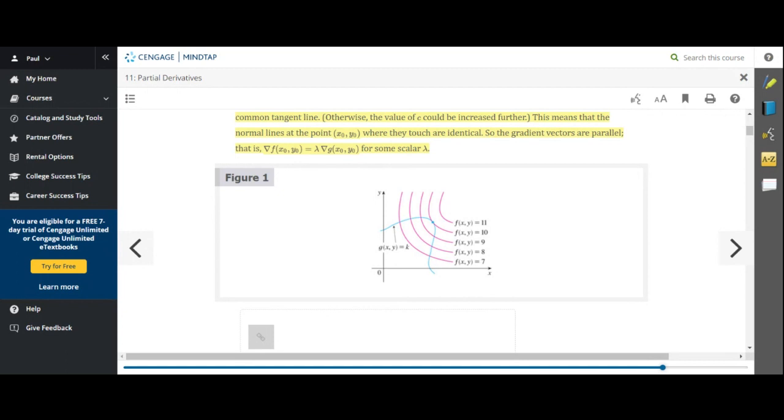But now the constraint equation is drawn along with those level curves, and you see the blue point there, the actual xy coordinate for that point in the picture.